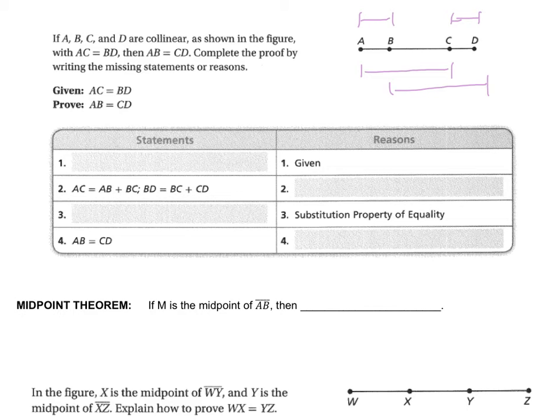Here is the first statement. Remember, that goes in the statement column of our proof. So AC equals BD, that's given, which is the reason. Now look what they did here. They said that AC is equal to AB plus BC. Well, again, that goes right along with our segment addition postulate.